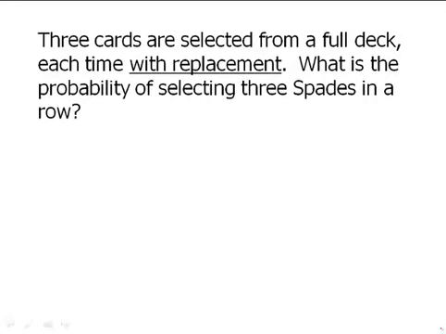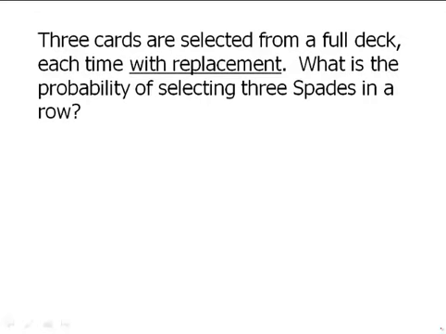Now I look at that second card, I record it, I put it back into the deck, I shuffle again. So now when I pick the third choice, I'm also picking from a full deck of 52 cards, a full shuffled deck. So all 3 cards are picked from exactly the same conditions, a full shuffled 52 card deck. That's what's going on with replacement.